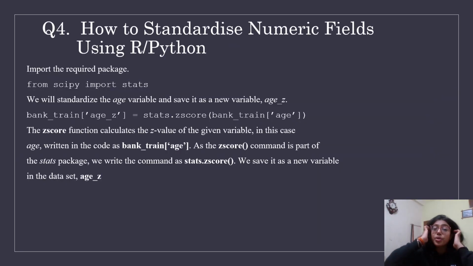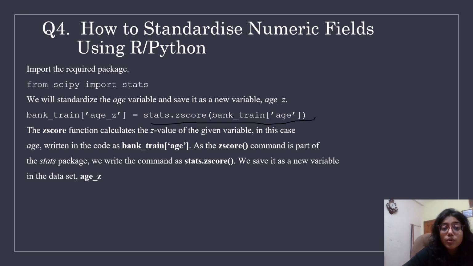Question 4. How to standardize numeric fields using Python? Import the required package first: from scipy import stats. We will standardize the age variable and save it as a new variable, age_z. bank_train['age_z'] is set equal to stats.zscore(bank_train['age']).